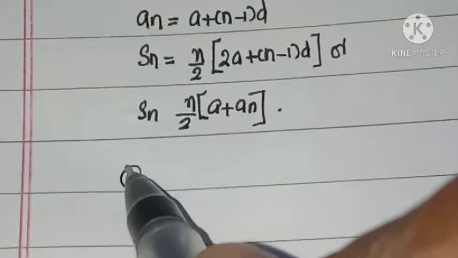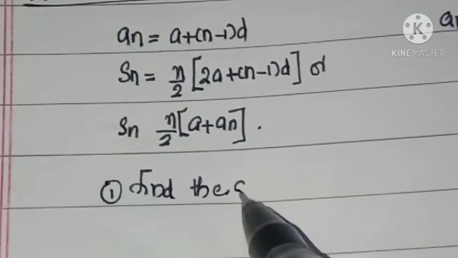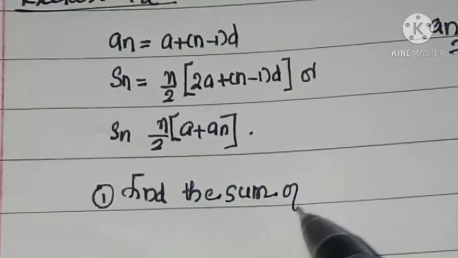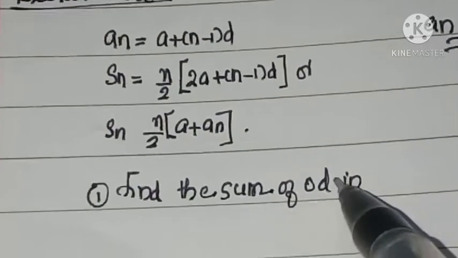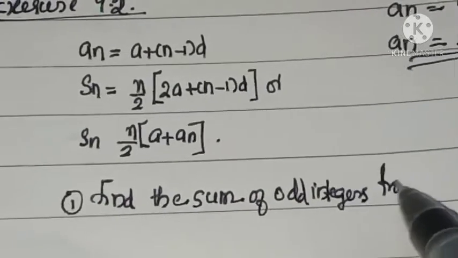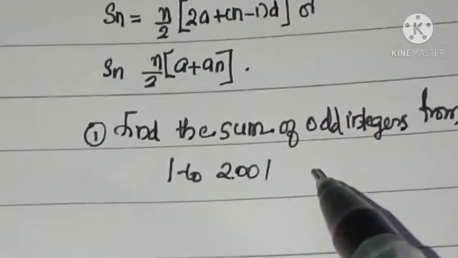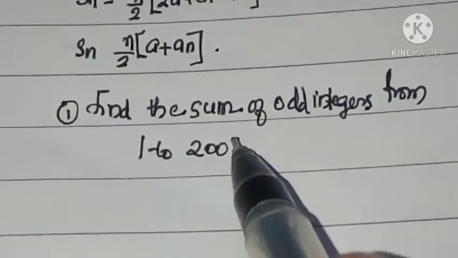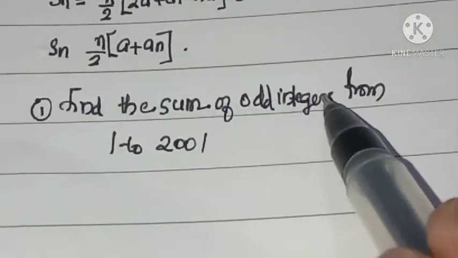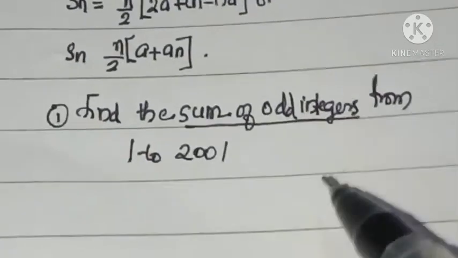See question number 1. Find the sum of odd integers from 1 to 2001. So from 1 to 2001, how many odd integers are there? Our question is, what is the sum of those odd integers?